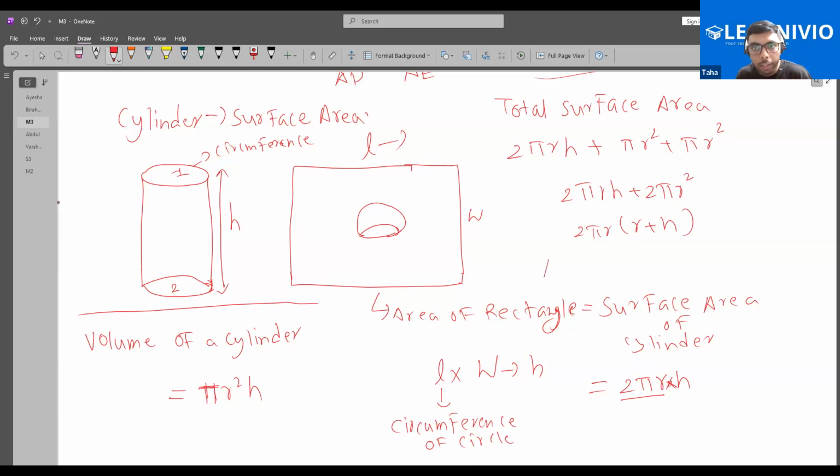I will calculate the area of the rectangle minus the surface area of the hemisphere. This is how you will do it. This will get clear as you do the questions, but this is one distinction that you should remember: when you're calculating volumes of different combinations of solids, you will throw in the volumes of whatever solids you are including.